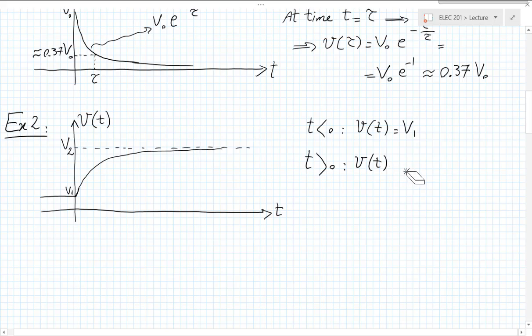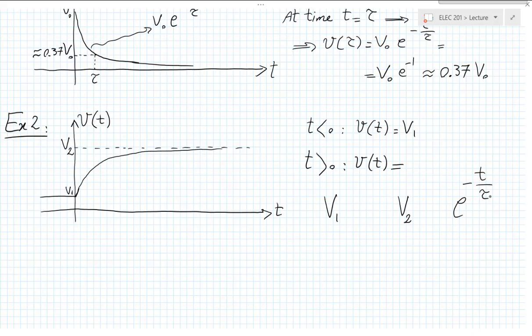So you might expect that this function has something to do with V1 and something to do with V2, okay? And has something to do also with some sort of exponential decay, right?